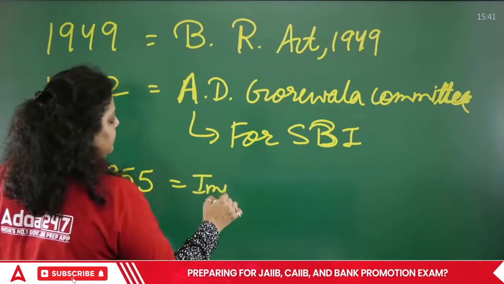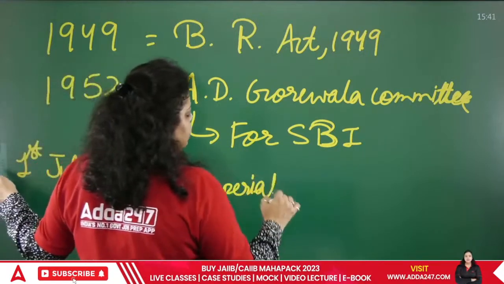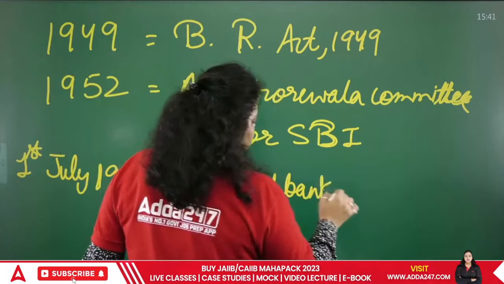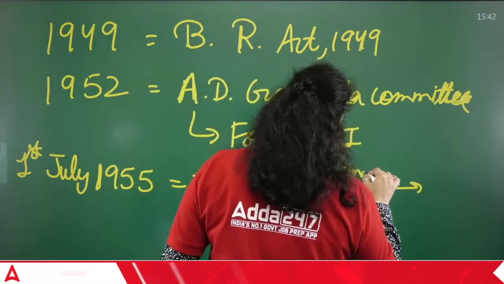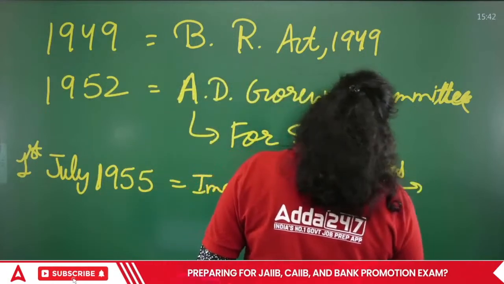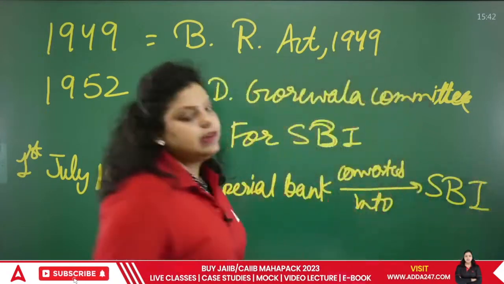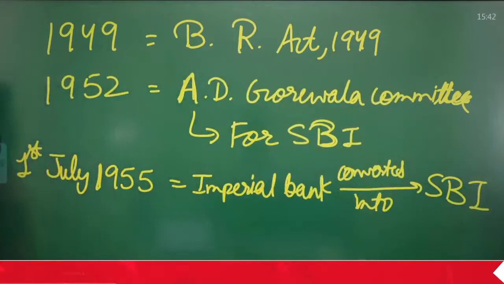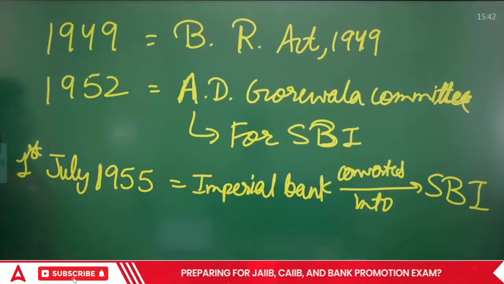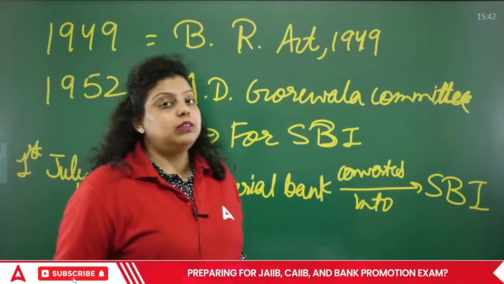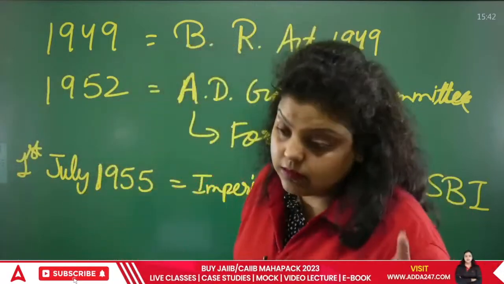In this year, what happened? The Imperial Bank of India was converted into SBI, State Bank of India. So the establishment of SBI is 1st July 1955. And 1st July is also celebrated as GST day.